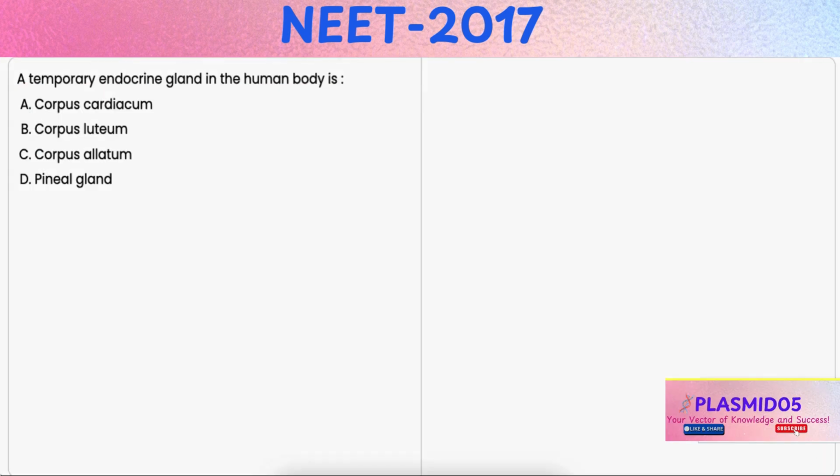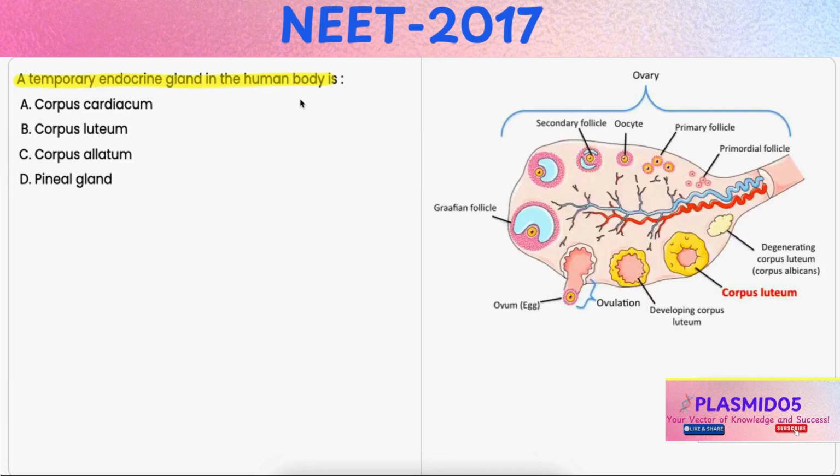In this question, you have to identify a temporary endocrine gland in the human body. Option A, corpus cardiacum. It is incorrect because it refers to the neuroendocrine structure which is found in insects and not humans. Option B, corpus luteum.